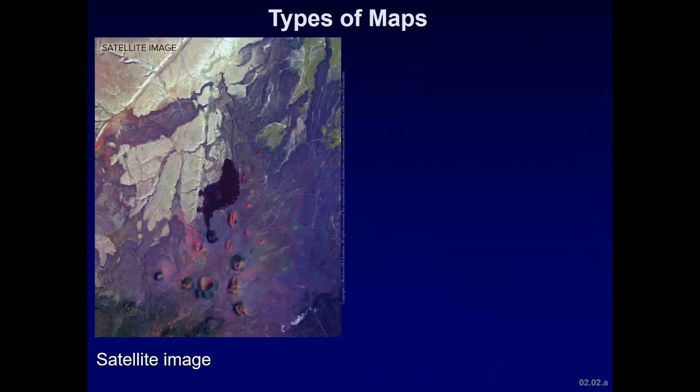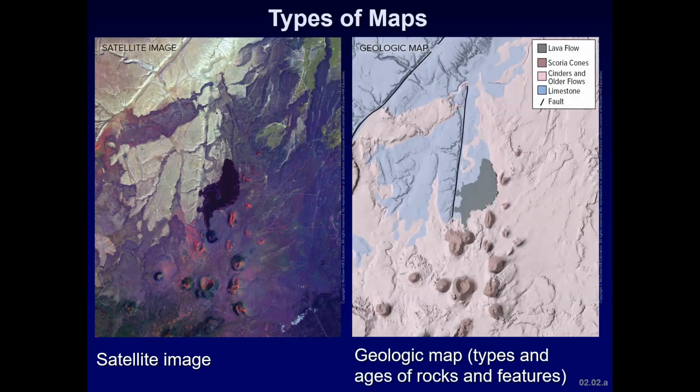You can also look at the same area with a satellite image. It uses different wavelengths to show the distribution of different types of plants, rocks, and other features. Or you can look at this as a geologic map that's actually draped over a relief map, which shows the differences in distribution of rock units.